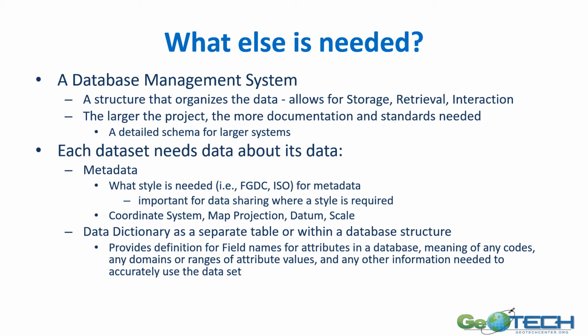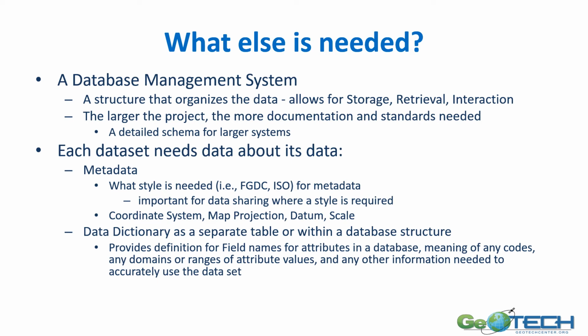Federal Geographic Data Committee or International Standards Organization metadata. And it's really important when you're creating your data and building it that you document this so that the data can be used again, so that we know what coordinate system, map projection, datum, and scale, and many other things about it. You also may create a data dictionary. We saw in our little table where the NU was used.